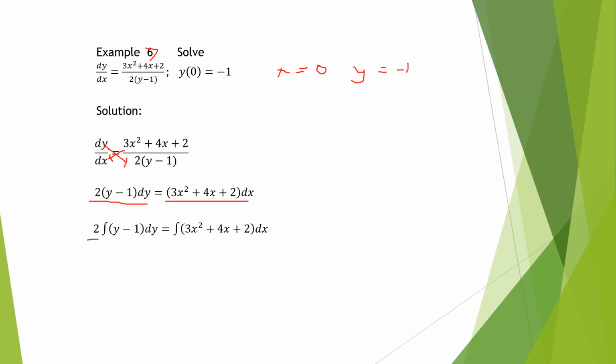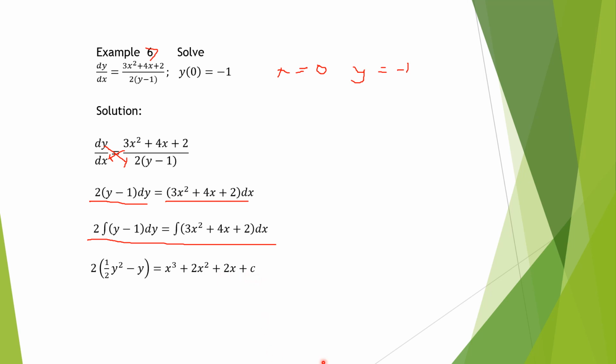The integral of 2y minus 1 is the integral of 3x squared plus 4x plus 2. The integral of 2y is y squared, minus y. The integral of 3x squared is x cubed, the integral of 4x is 4x squared over 2, that's 2x squared, plus 2x plus c.